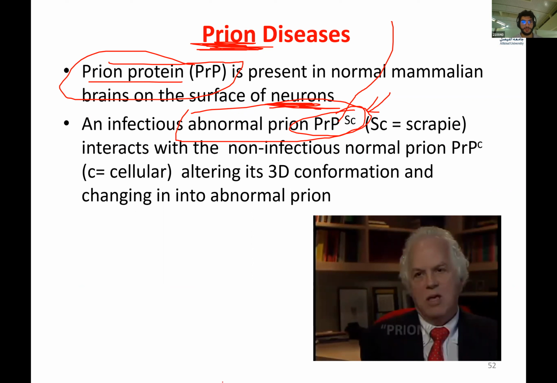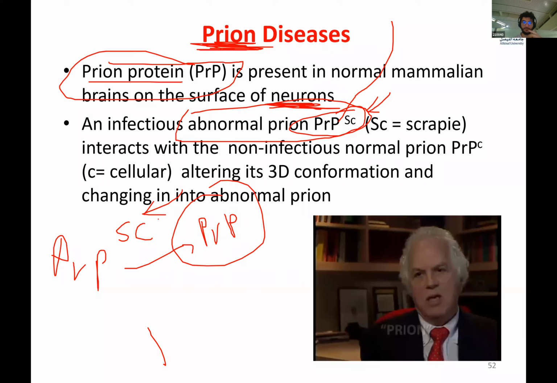Let me just draw it for you. This abnormal PrPSc comes in, talks to the normal prion protein over here, and converts this one into this. Now we have two abnormal looking prion proteins. And they all start spreading.